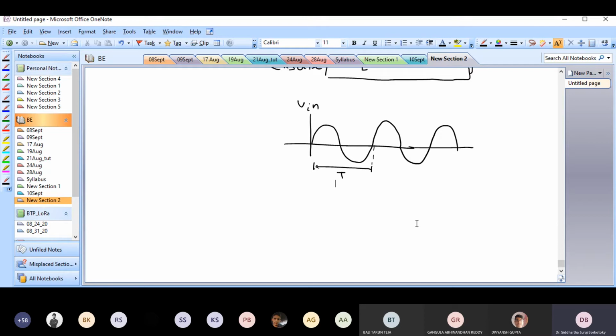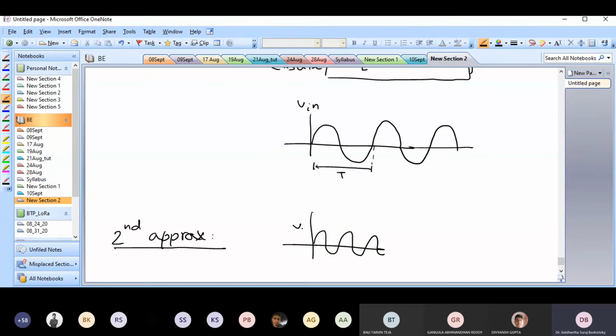All right. Also, if you apply the second approximation, you will not get exactly 2 Vp. Your input is this, Vp to minus Vp, and your output would be somewhere like this.